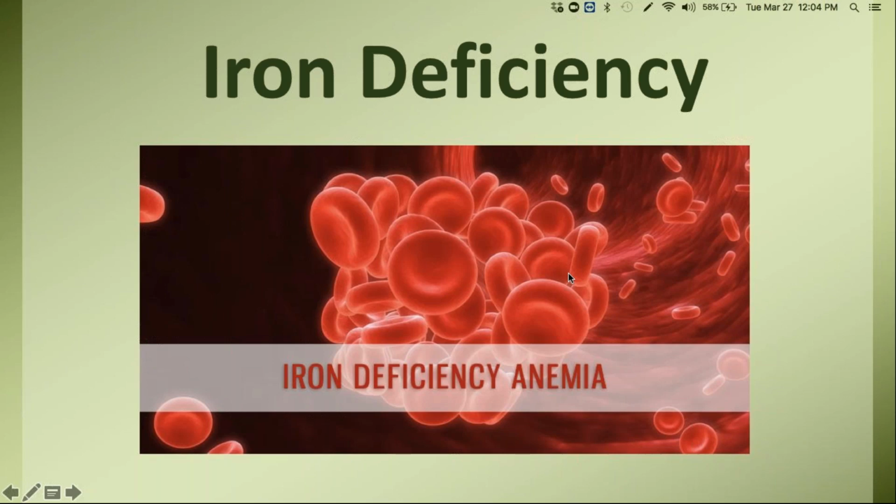So we are going to do the same thing today with iron deficiency. Let's talk about iron deficiency, and we're basically going to use these few slides to build up to which labs you should order if you suspect iron deficiency.